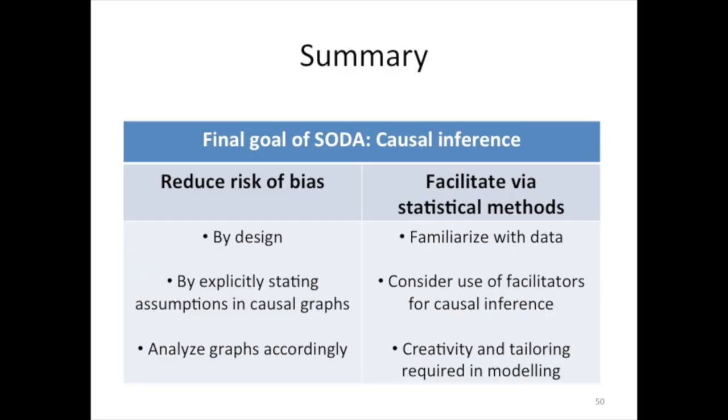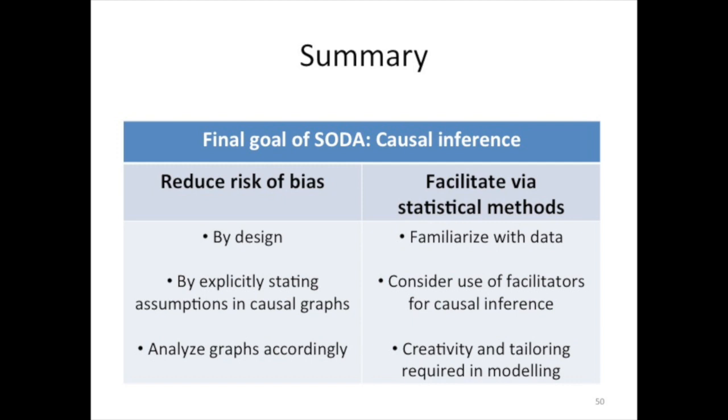So to summarize this trial lecture, we can say that the main goal of secondary observational data analysis is drawing causal inference, although secondary data are affected by a high risk of bias, including selection bias, confounding, and information bias. We should therefore attempt to reduce the risk of bias, which may be done by design, by explicitly stating our research or our assumptions that are based in theory and literature, in causal graphs, and then analyzing them accordingly.